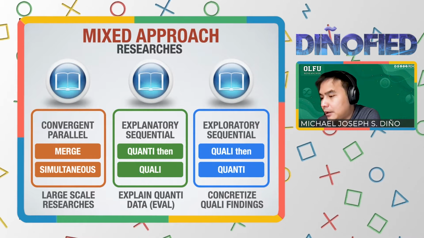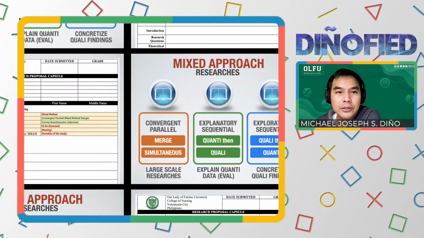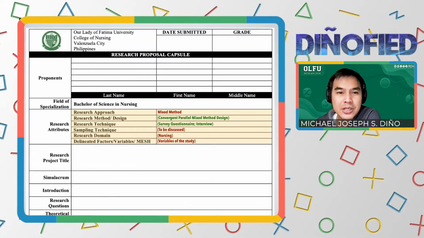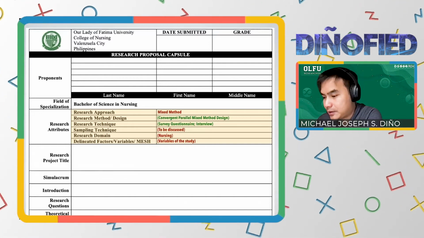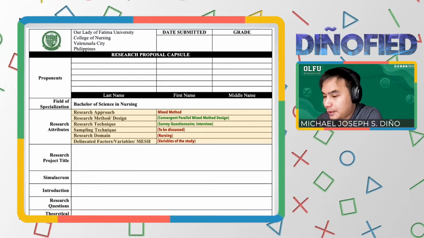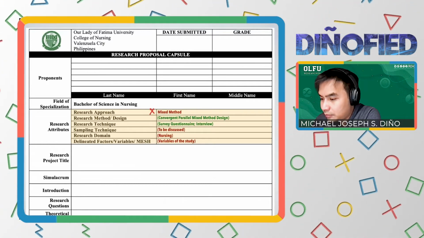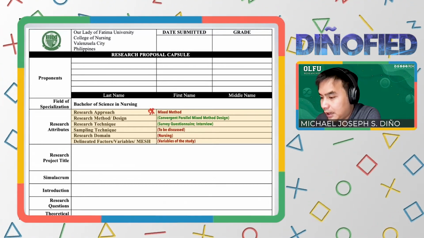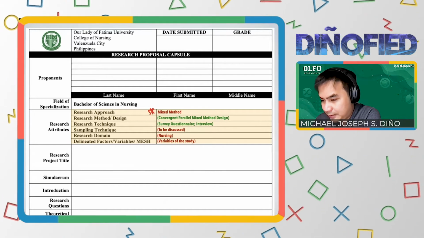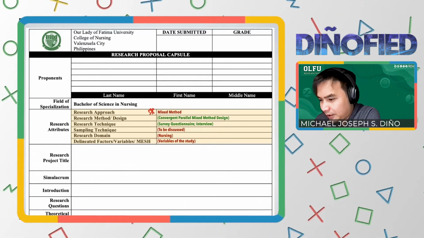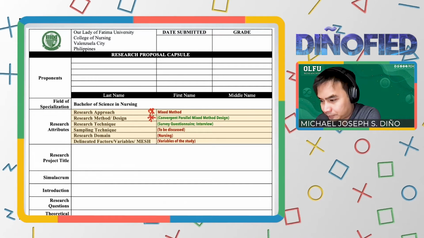Okay, so with that, what we're going to include on your research capsule would be the following. Ito yung ilalagay po natin. So again, research approach, mixed method ilagay natin. Convergent parallel, mixed method design for research method and design.